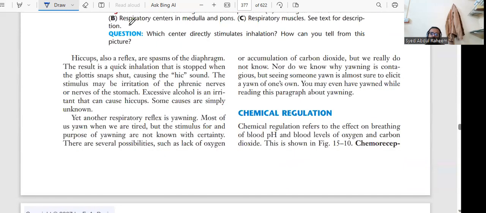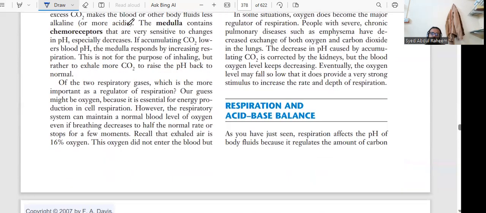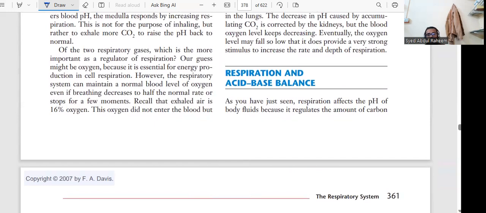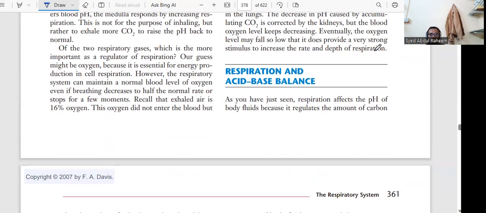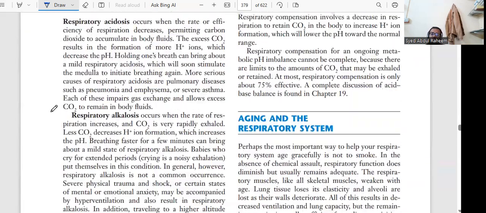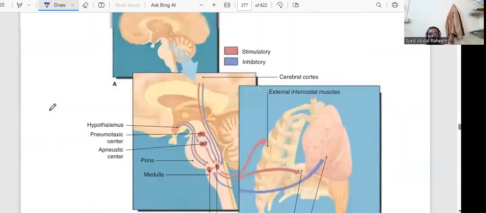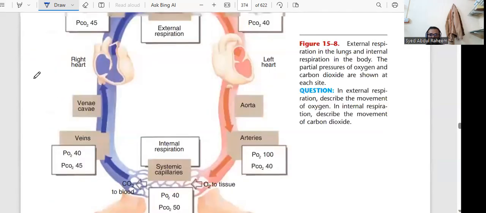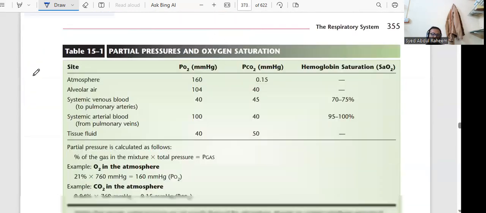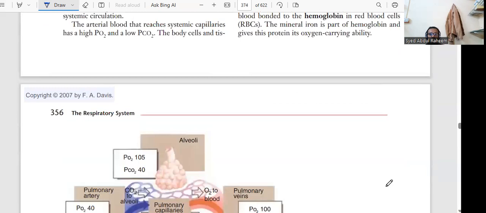This is the third topic. Next is oxygen and carbon dioxide, basically we have chemoreceptors. In our body, we also have to maintain acid-base balance. These are the three important topics that remain, we will continue. If any doubts, please ask.